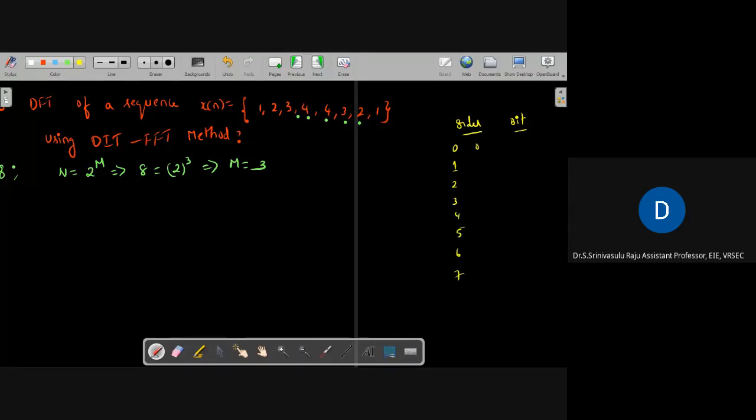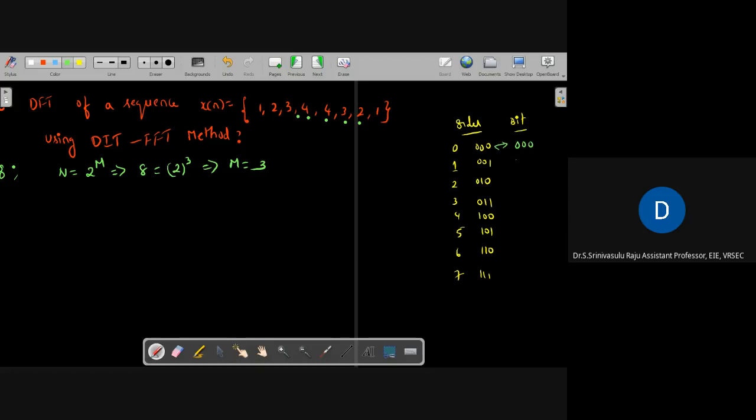How can we represent these using binary? 000, 001, 010, 011, 100, 101, 110, 111. Now bit reversal order: all the bits are reversed, so whatever bit lies on the right-hand side moves to the left-hand side.